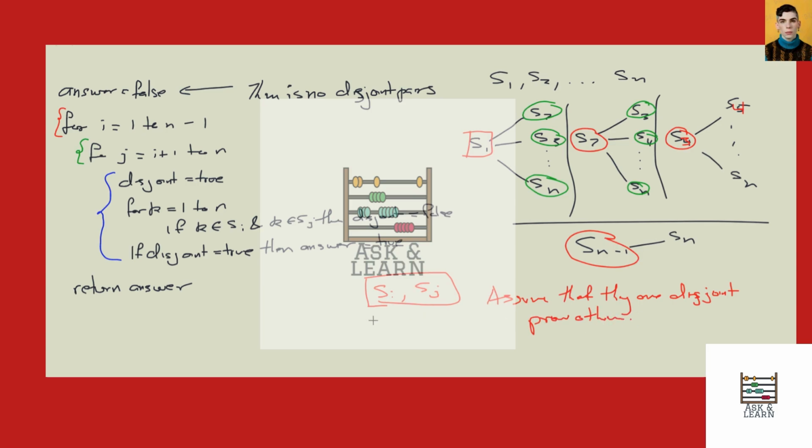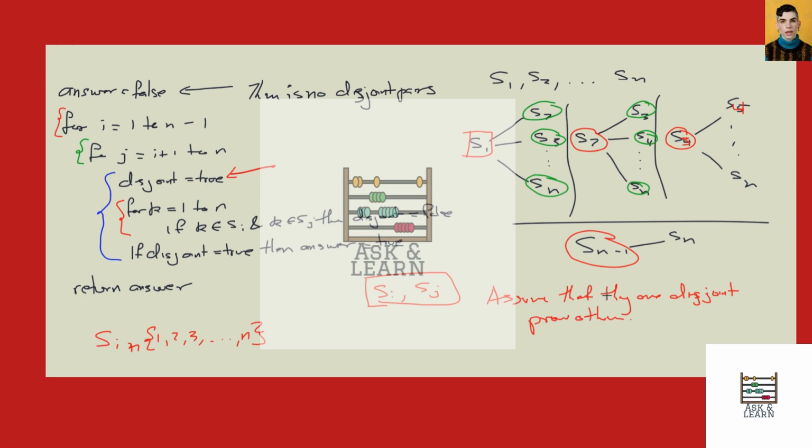To prove otherwise, what we know is that the set Si contains numbers in the range of 1, 2, 3, all the way to n. So if we can find one number of all of these n that is in both of these two sets, then that means they are not disjoint. That's exactly what this line of code does. It takes two sets Si and Sj and sees if K is in Si and Sj. If K is in both sets, then they are not disjoint.